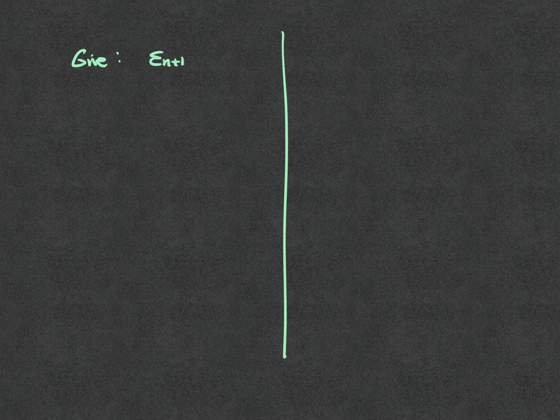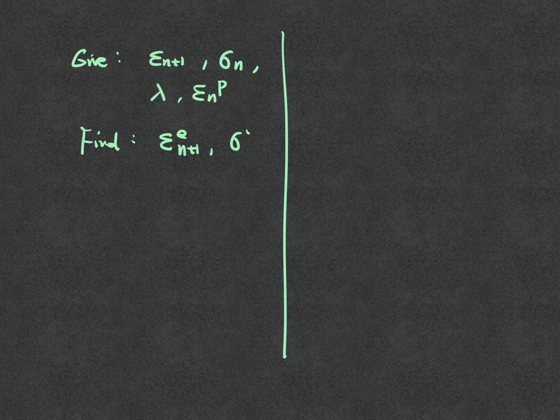So I write a return mapping algorithm the following way. In small deformations, the stress integration algorithm tries to solve this problem: given step n plus 1, given the new strain and the previous stress, and also the lambda, try to find the plastic strain, the current elastic strain, or the stress, or the delta lambda in between.